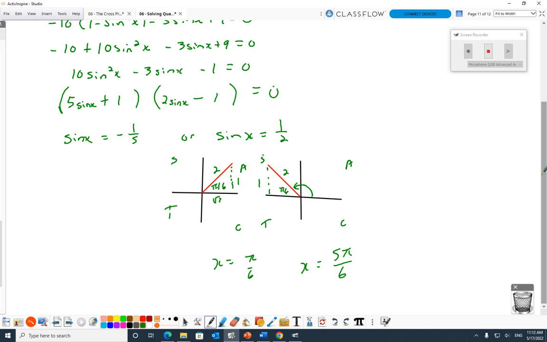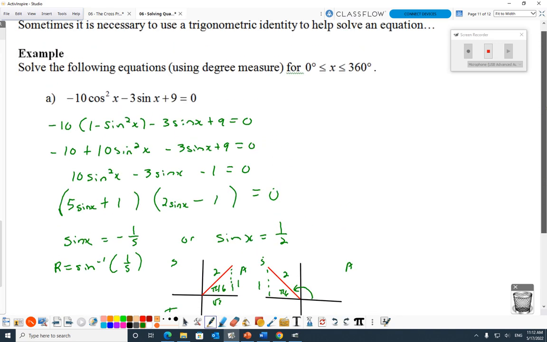Is 1 over 5 in a special triangle? No. So I got to do this sine inverse move. Give up on getting exact answers and go to sine inverse on this. Oh, I got to be in radians. Am I in radians? No, degrees.